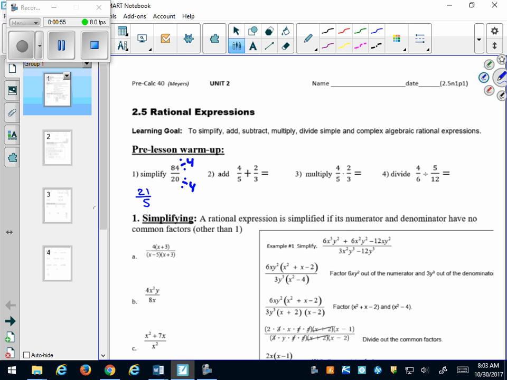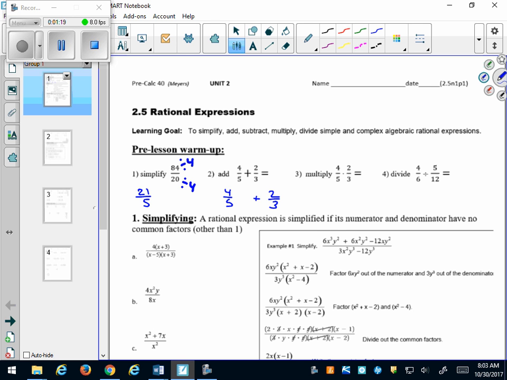Okay, when we're adding these fractions, 4 over 5 plus 2 over 3, what do we need to do? You have to have the same denominator, exactly. So you need to get a common denominator. What is going to be the common denominator? 15.